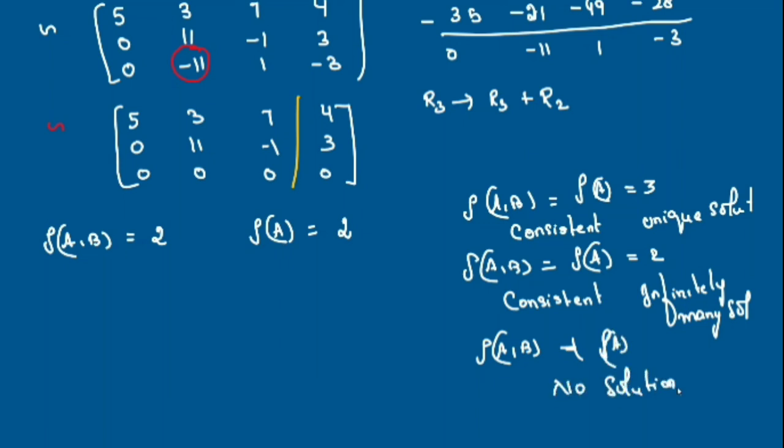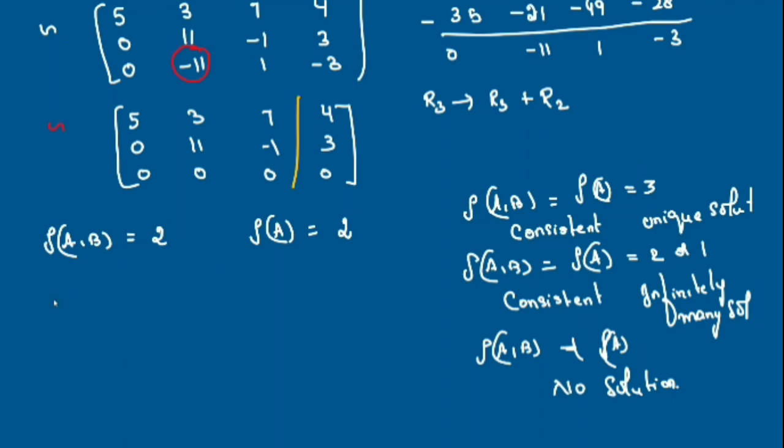Their planes don't meet. So here rank of AB is equal to rank of A. It is 2 or it can be 1 also. Even if it is 1, we say it is consistent and it has infinitely many solutions. 2 or 1, less than 3. If it is 3, unique solution. If it is less than 3, then we say it has infinitely many solutions.